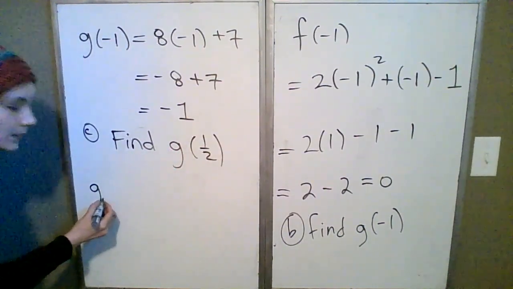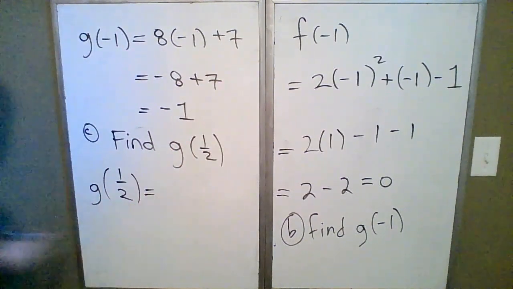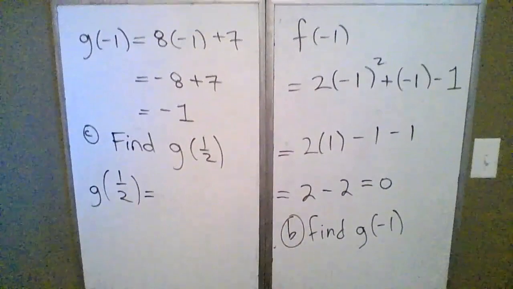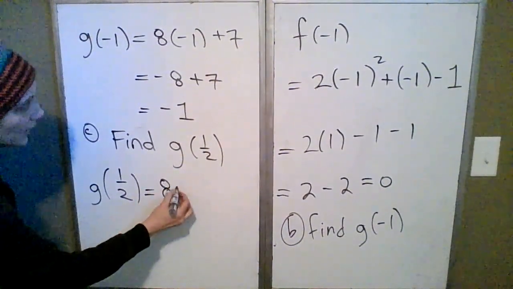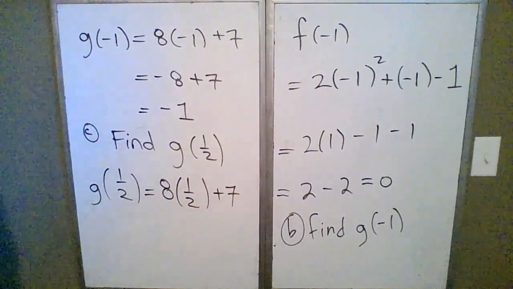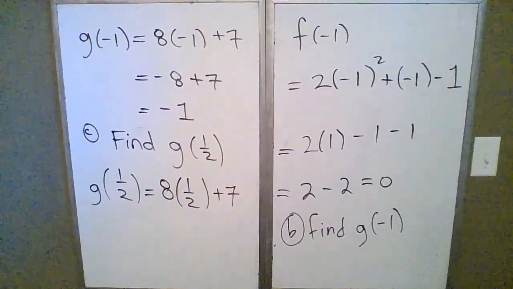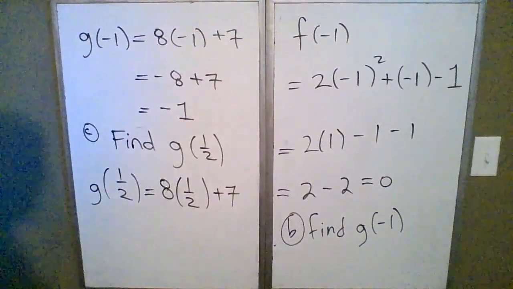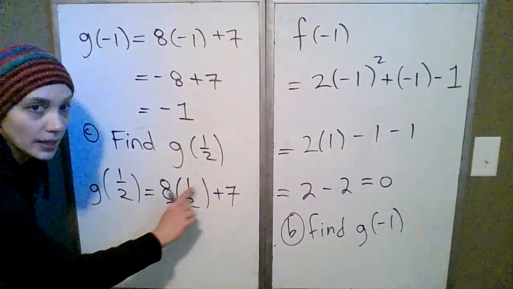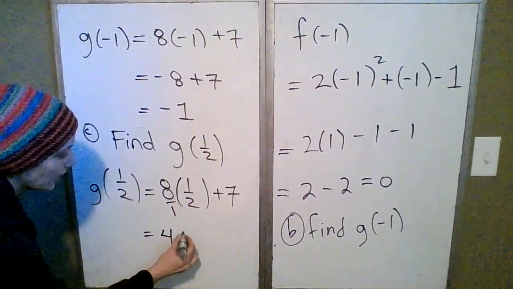It should be 8 times x, and x is 1/2, and then add 7. 8, which you could write as 8/1 if it helps. So 8/2 is going to be 4. And you add 7.